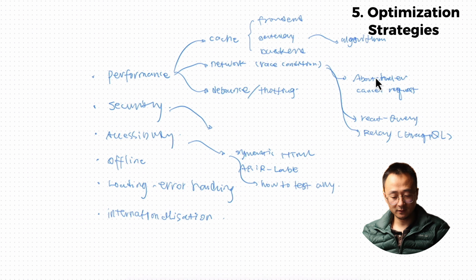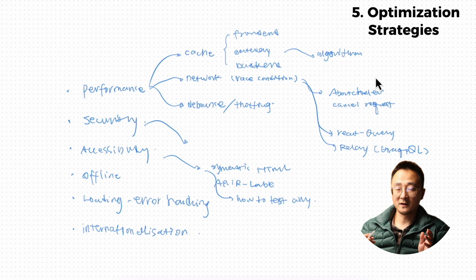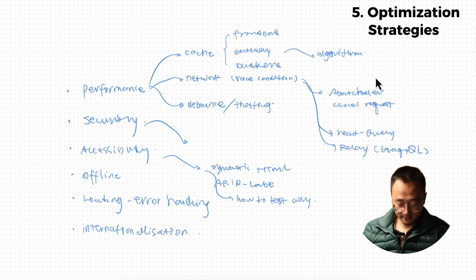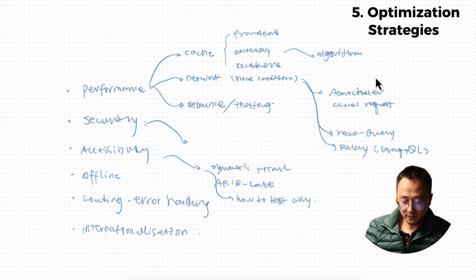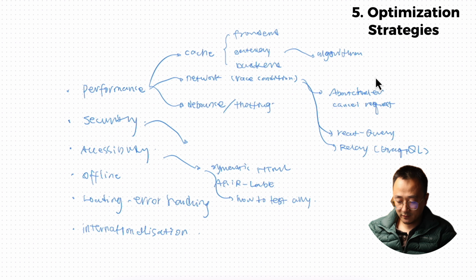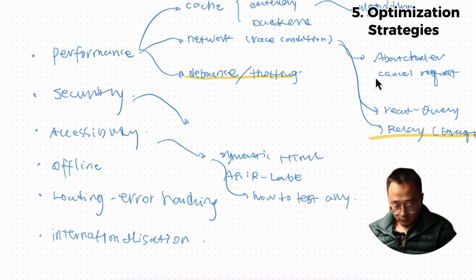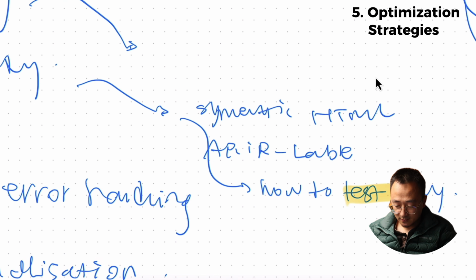So I would say you can leave 10 to 15 minutes for these optimization strategies, because there are so many things to talk about, and each one can go deep. For example, sometimes based on your interviewer's experience or their expertise, they might be very interested in Relay or GraphQL, or they want to talk about the throttling, debouncing, and how can you implement one, or they are very interested in testing the accessibility part.